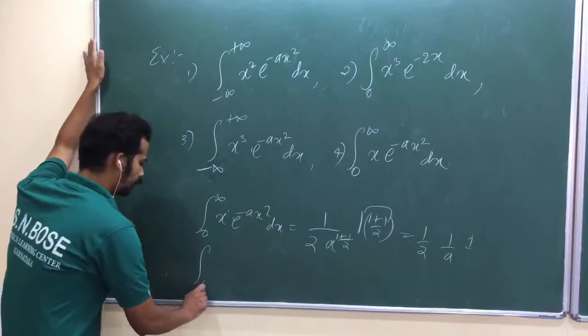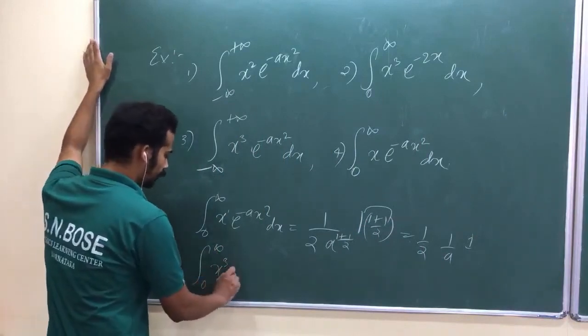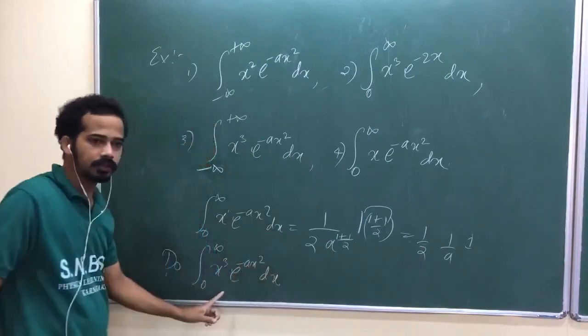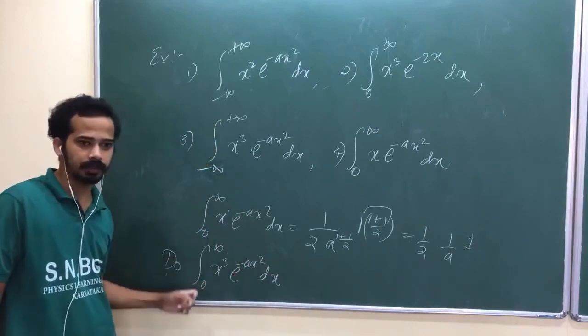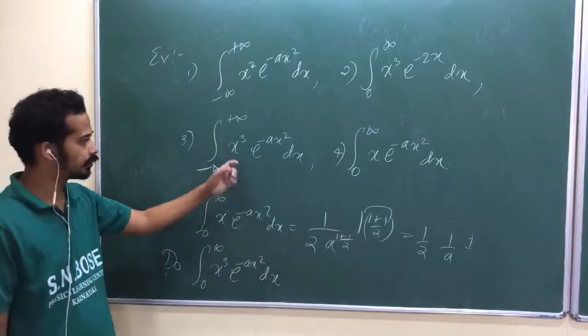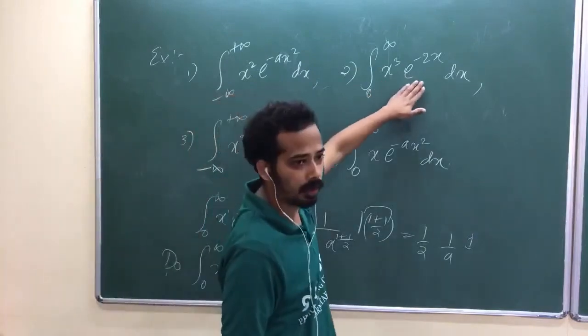So like that, do this one, 0 to infinity, x cube into e power minus ax square dx. This is non-zero. Don't write 0 because of odd function. That is okay, but the limit is not symmetrical. Is that okay? Be careful while writing that 0. This one is 0, so don't think about oddness or evenness here.